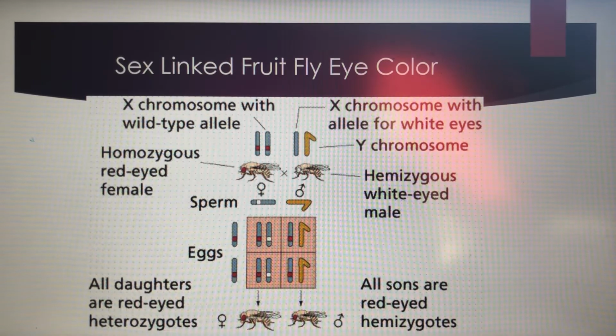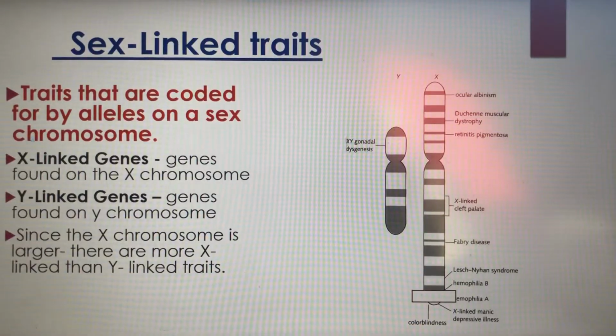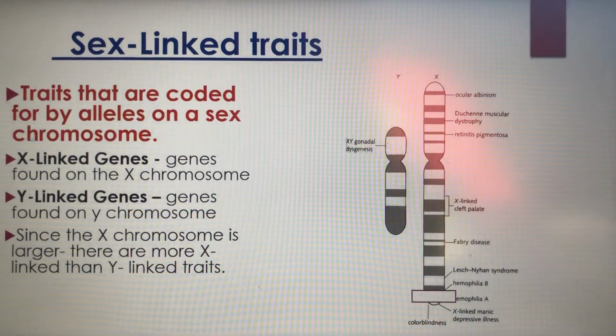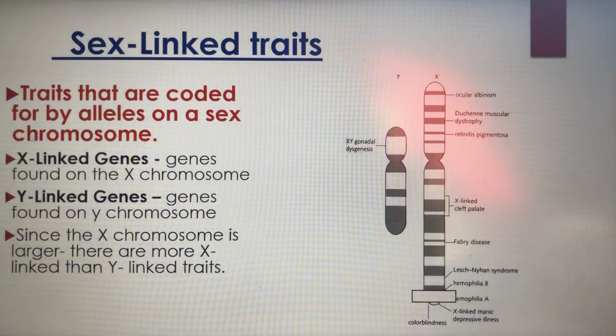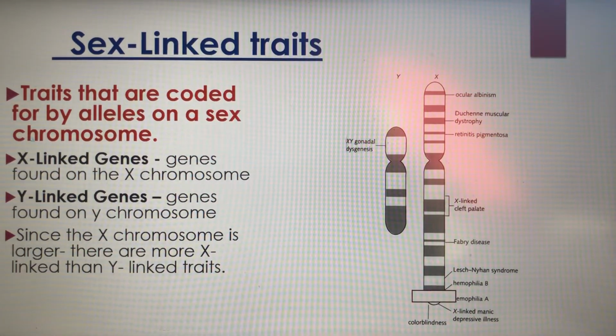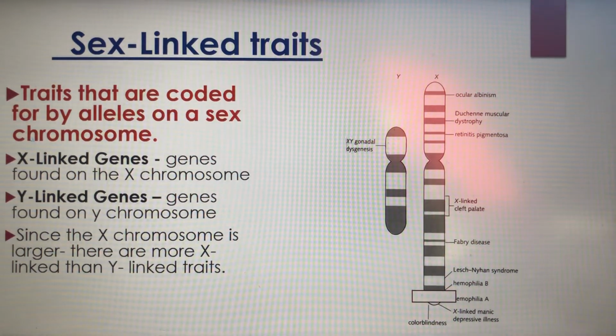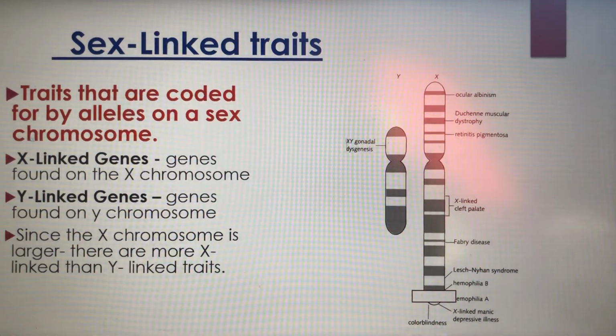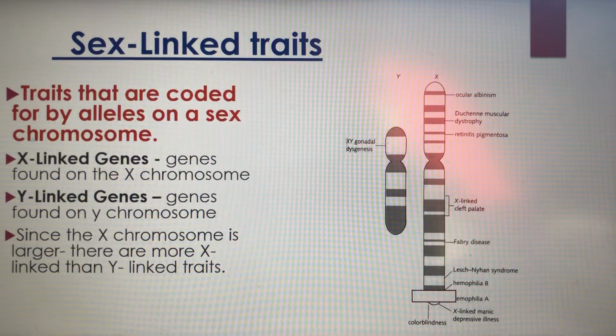So these are the ways you need to look at Punnett squares to try to determine the mode of heredity. Okay, so again, sex-linked, here's your definition again, are traits that are coded for by the alleles on the sex chromosomes. Okay, there's your basic definition that you're gonna have to know for your test. When we say it's X-linked, the genes are found on the X chromosomes.